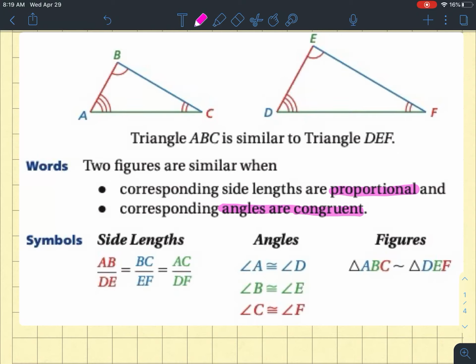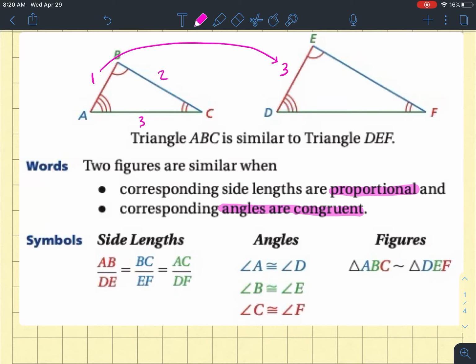Okay, so when the side lengths are proportional, this is what that means. Let's say this is 1, this is 2, and this is 3. And we tell you these triangles are proportional, and I give you that this is 3. How do we get from here to here?